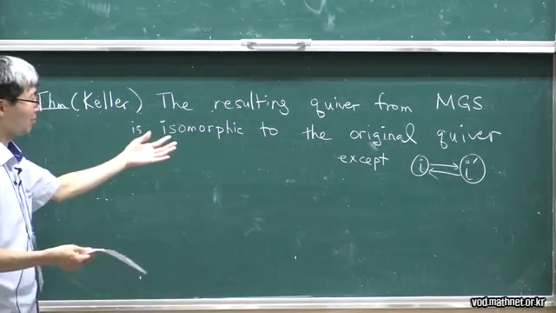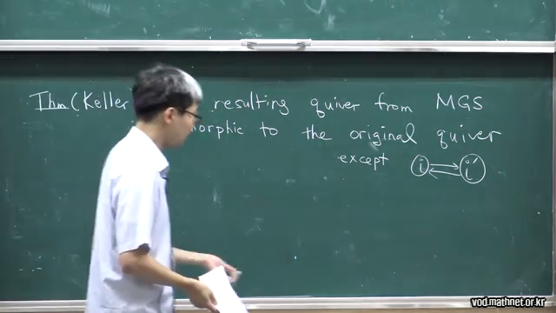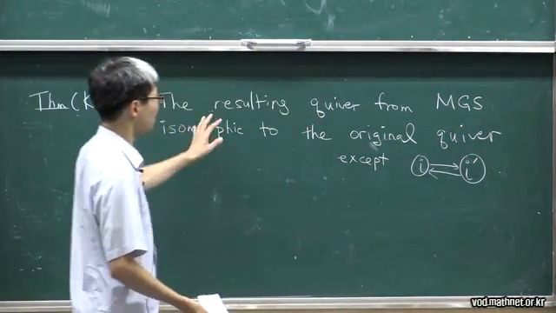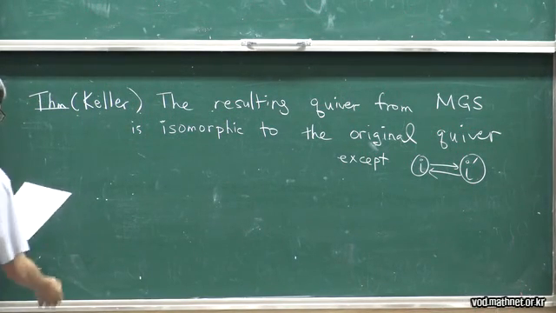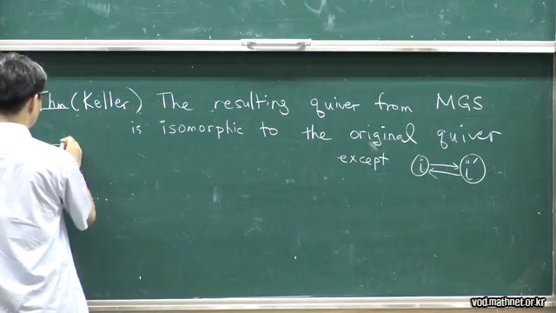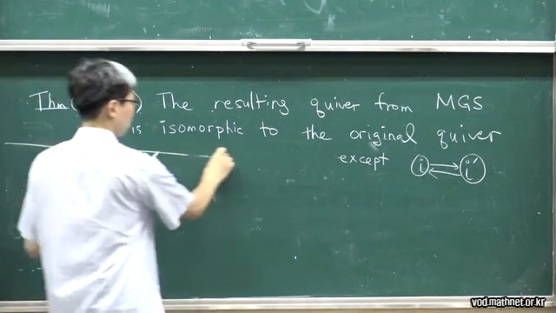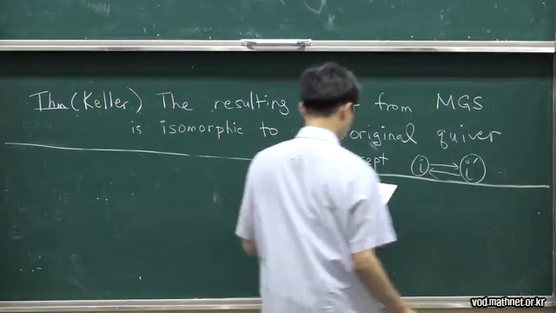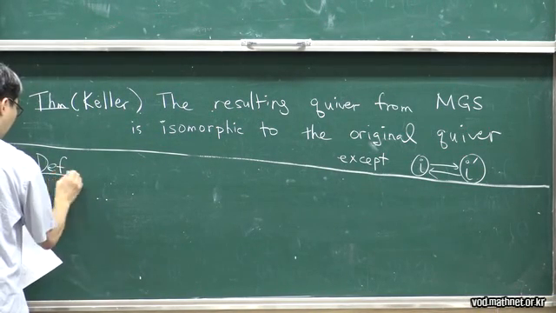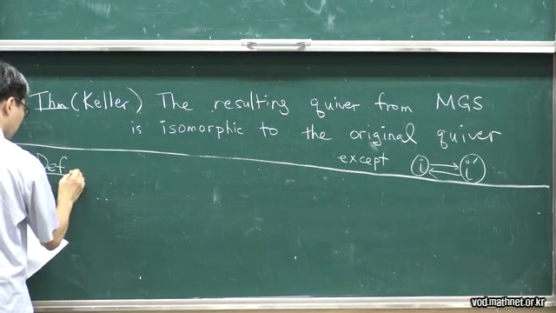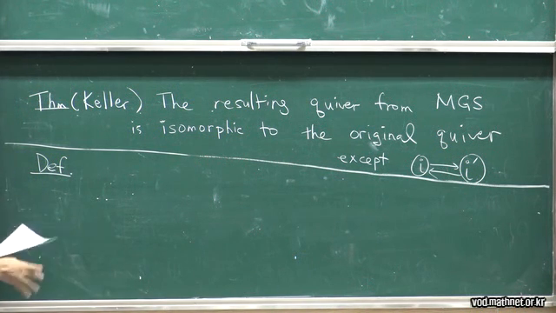So already this theorem gives a feeling that it could be used to develop a certain invariant. So actually, I define a very nice invariant for a quiver which has a maximal green sequence.